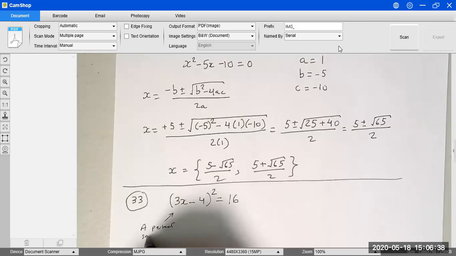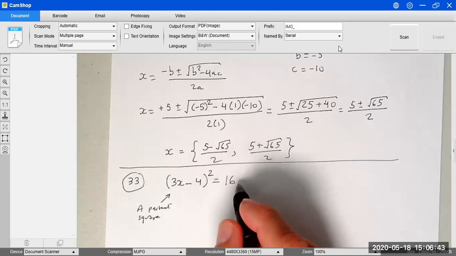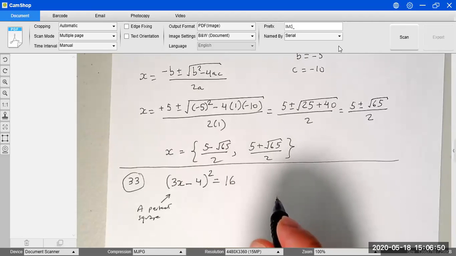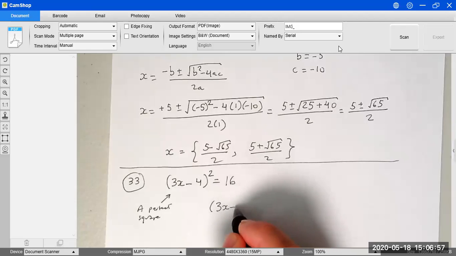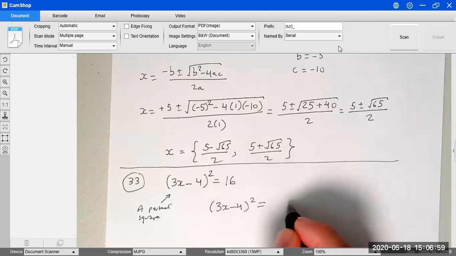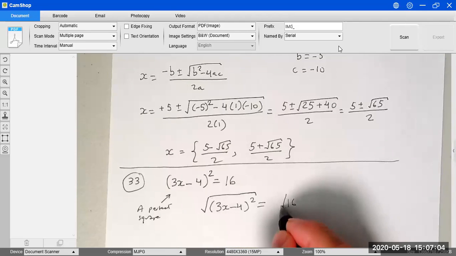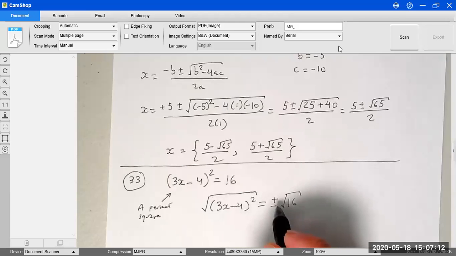So when you have a perfect square equal to a number, then you just apply the square root property. That was the first method that we learned to solve quadratic equations. So we're going to take the square root on both sides of the equation. But remember, the square root on the right hand side is going to be preceded by a plus and a minus.